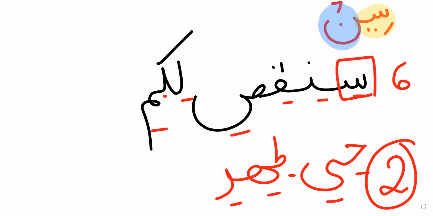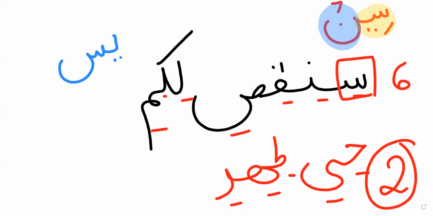So can you think of huruful muqattaat which has seen in it? For example, a very common one, which is also the name of a surah. I'll give you a hint. Yes, barakallah.